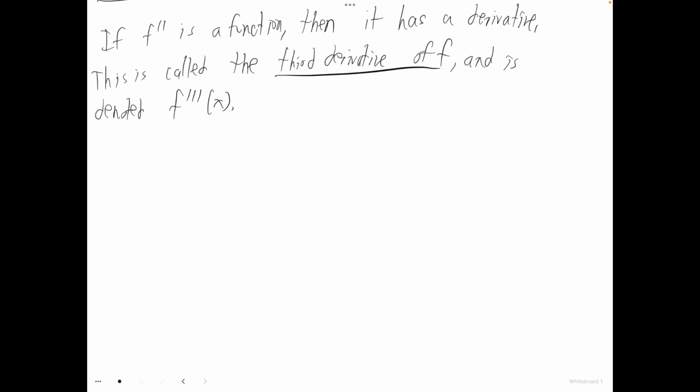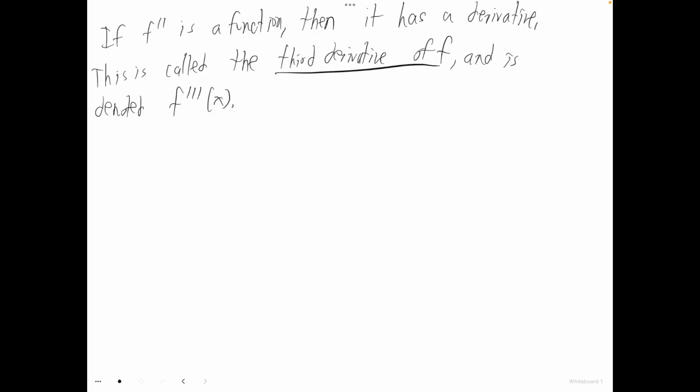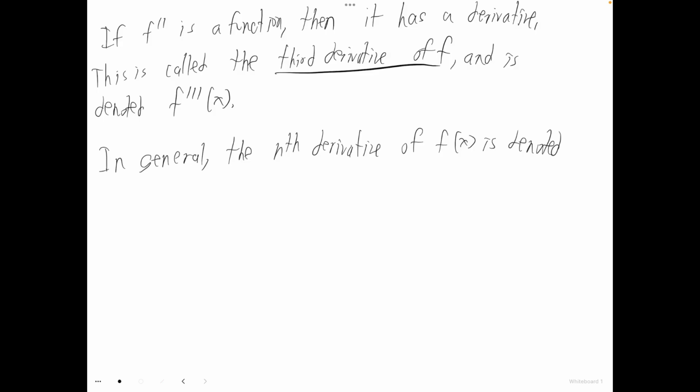Now, we could keep doing this. There's nothing special about stopping at 3. And so, in general, the nth derivative of f of x is denoted, and we changed the notation here. It's going to be f, then in parentheses a little n, of x. So we put a little n in the superscript instead of using primes.